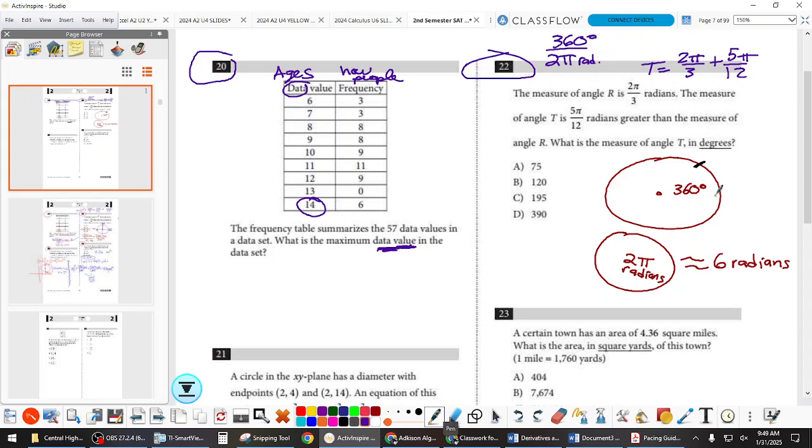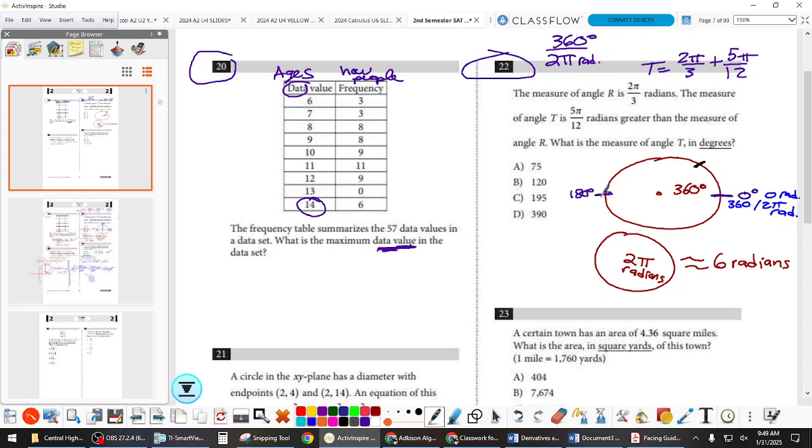Tell me, we always start on the positive x-axis, so this is 0 degrees. So what would this be over here? And we go this way, counterclockwise. So that's 180 degrees, okay? So now I want you to think in terms of radians. It's still 0 radians, but now by the time we get back around, instead of 360 degrees, it's 2 pi radians.